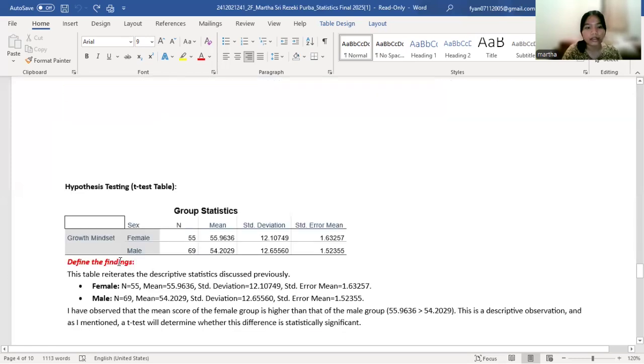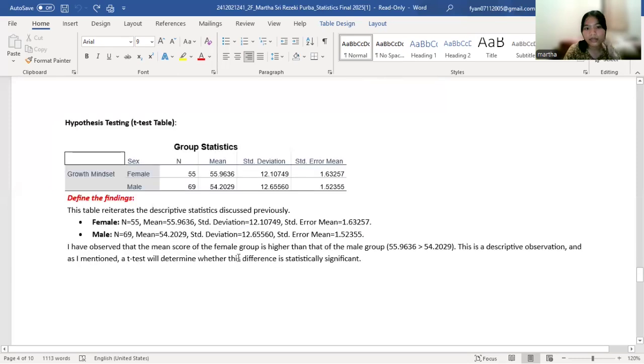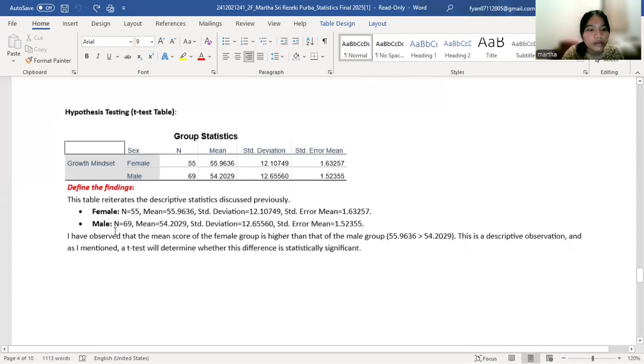Okay. Next is hypothesis testing. So we can see here the group statistics between female and male. The mean score is different, like I explained. There is a mean difference between female and male. You can see from here.